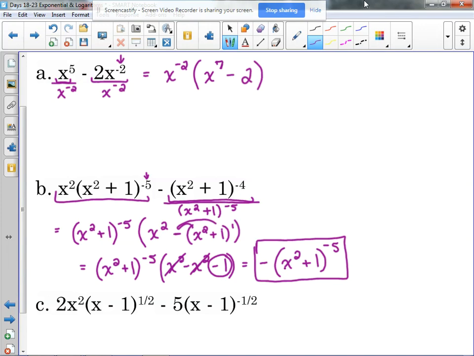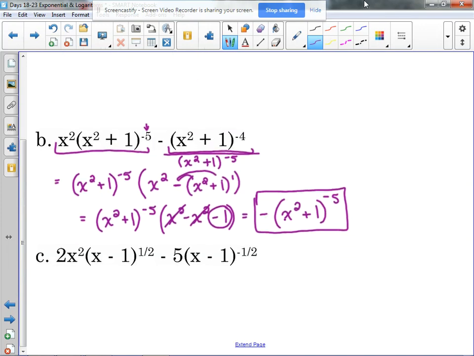Any questions about those two cases? Okay, let's look at one more scenario here. Not only do we have a negative exponent, it's also a fractional exponent.